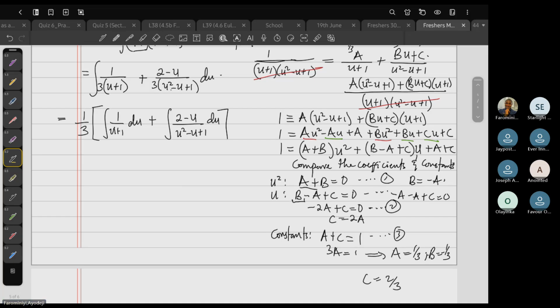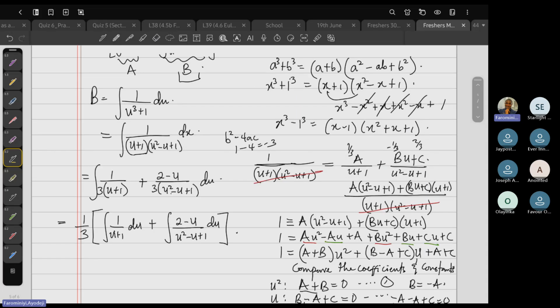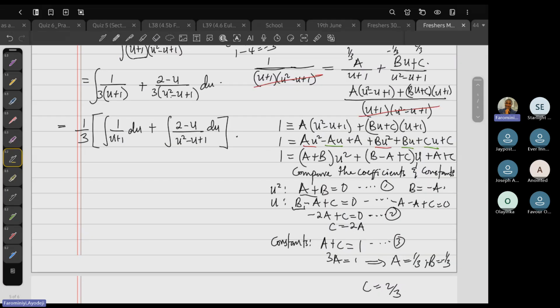Now I can split this one again into, let's say, I'm running out of letters, so let's say this is P and this is Q.